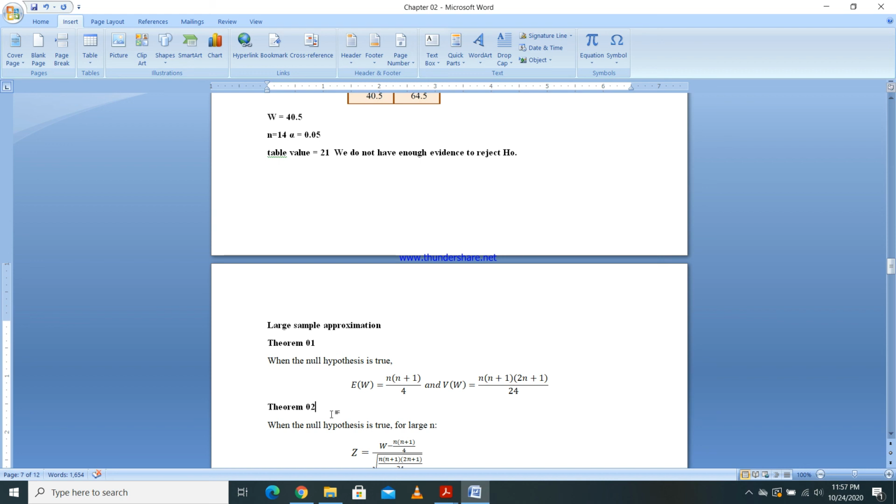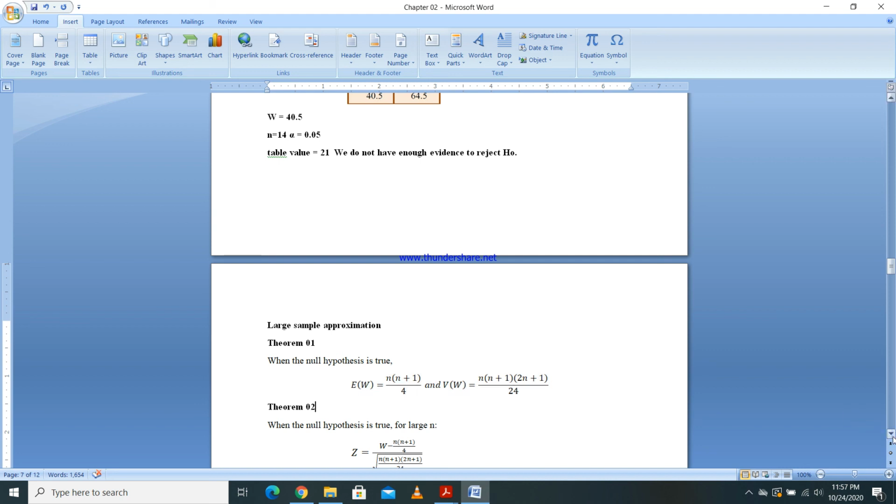So in that case, we can calculate the expected value and the variance of this test statistic W. If you just give a try, you will see the expected value is equal to n into n plus 1 over 4, and the variance is n into n plus 1 into 2n plus 1 over 24.